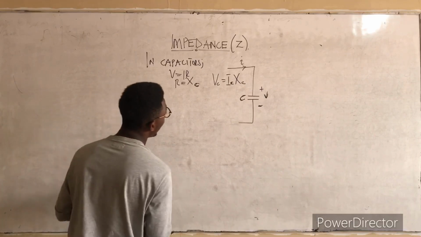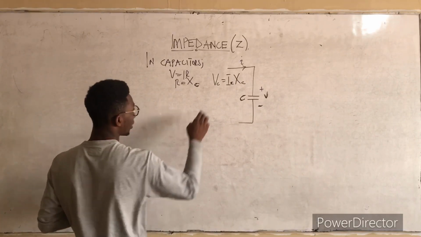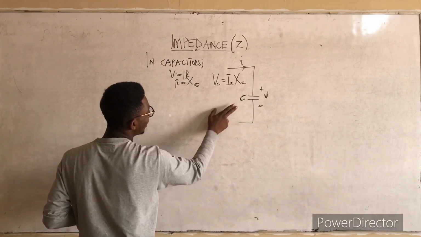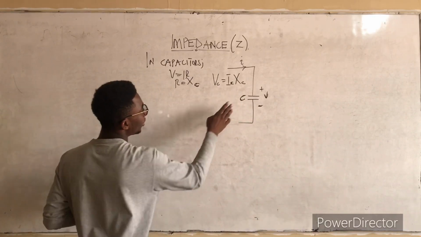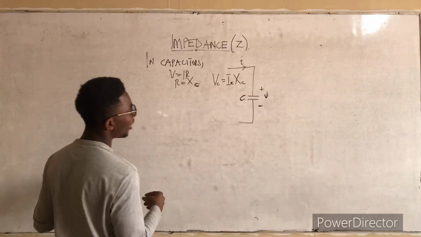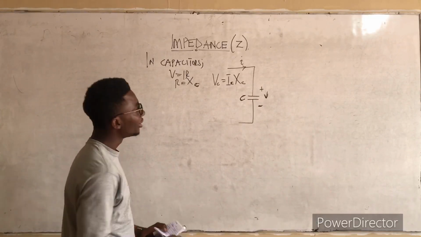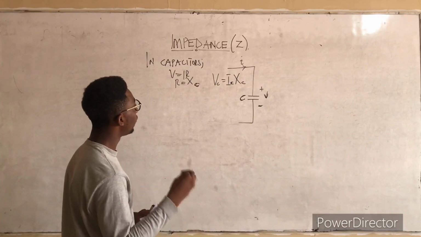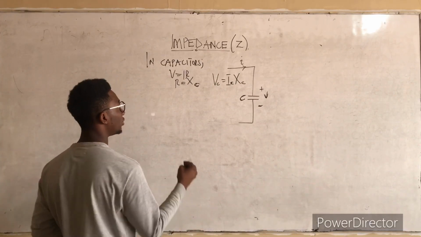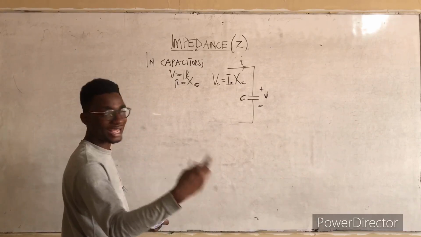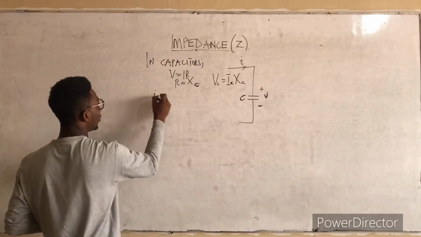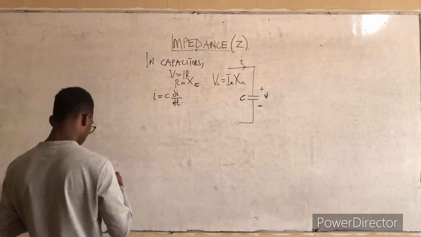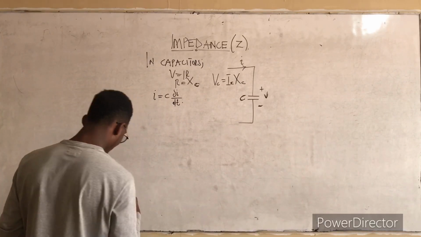Now from here, what we can say is that the current that is coming will be equal to the capacitance times the derivative of the voltage with respect to time. So I is equal to C dV/dt.